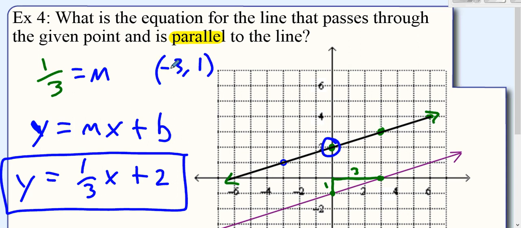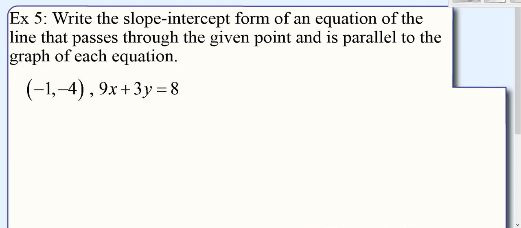Which means we know x1, y1, and m. We can use point slope form just like we did a couple examples ago and write the equation out without using the graph. If you know the point and the slope, you can use point slope form. But then you would distribute and solve it out. So let's try that.